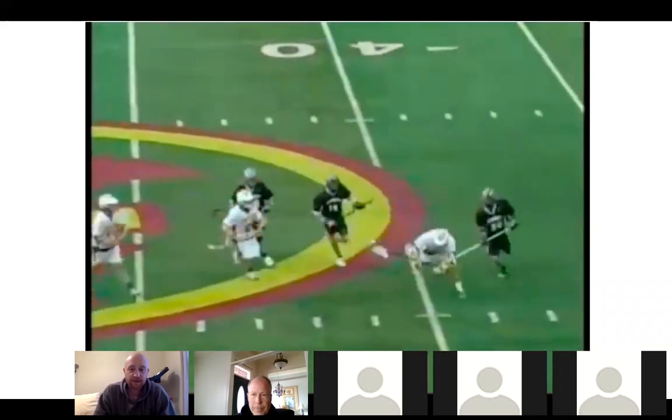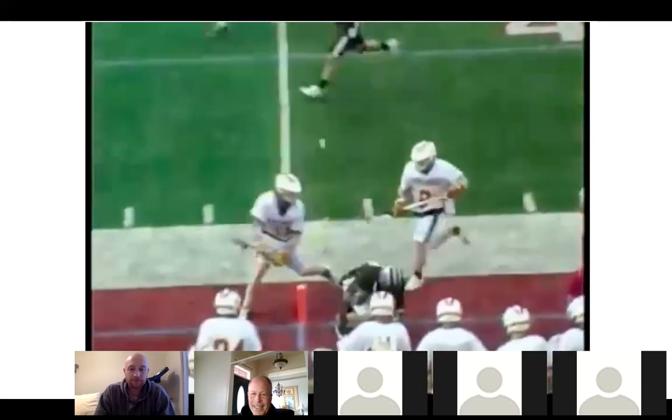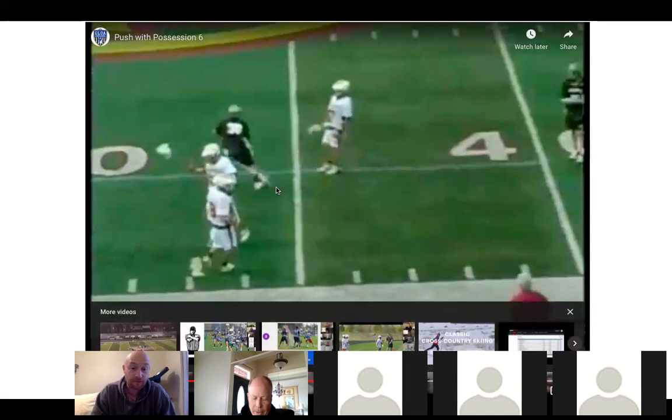This is right off of face-off. Black takes possession of the ball, running towards the out of bounds, and gets pushed in the back. He has possession of the ball, gets pushed in the back. The disadvantage was he got pushed out of bounds. That was 100% a disadvantage. Throw the flag. That is a push with possession.